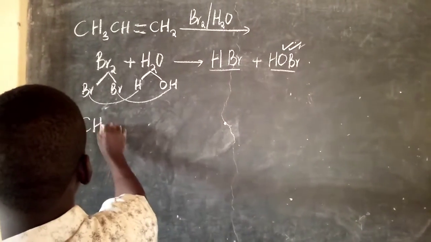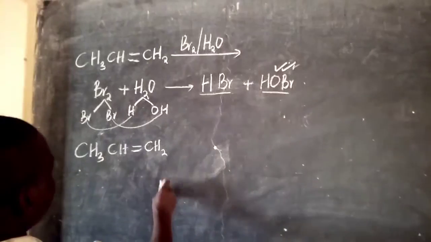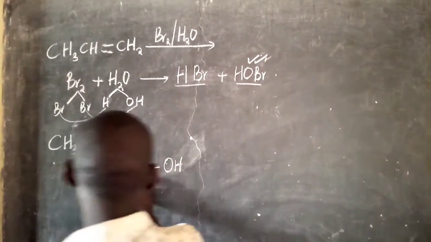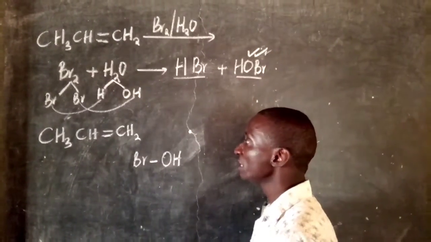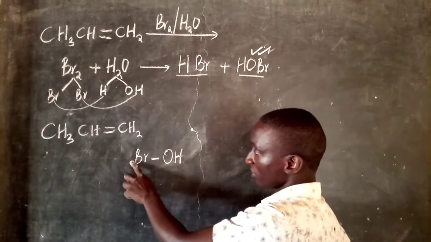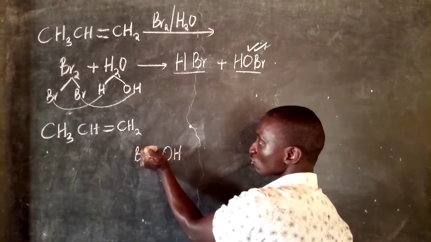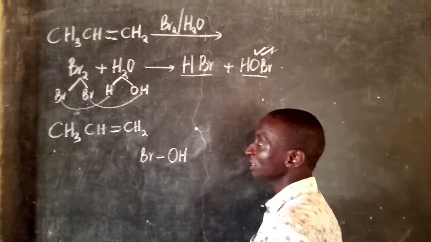So we bring CH3 double bond that. We bring the bromide, then the OH. I rearrange it in that format because the first interaction will be the pi bond interacting with this, as we undergo complete cleavage, for these electrons to be carried away by the OH to come up with the OH ion.